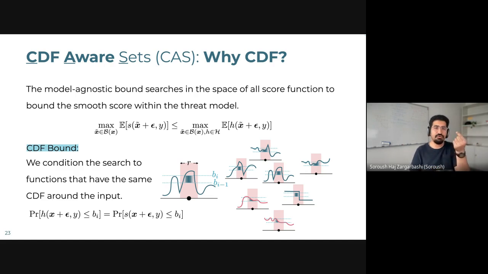I have my received point, I compute the smooth distribution of my classifier for some bins, I look at the mass of each bin, and I add this constraint on the classifier in the second problem to have the same mass inside this bin for the point X. And as you can see, I'm basically limiting the search space to a really smaller space. And therefore, I might have tighter bounds.